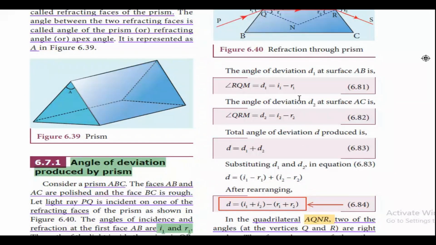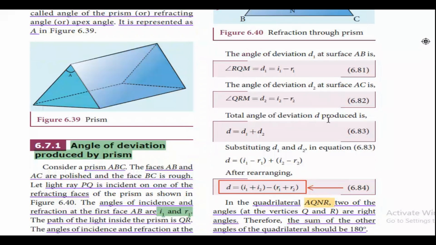The angle of deviation D1 at the surface AB is given by the measure of angle RQM, equal to D1, and that is I1 minus R1. The angle of deviation D2 at the surface AC is given by the measure of angle QRM, that is D2, and that is I2 minus R2.